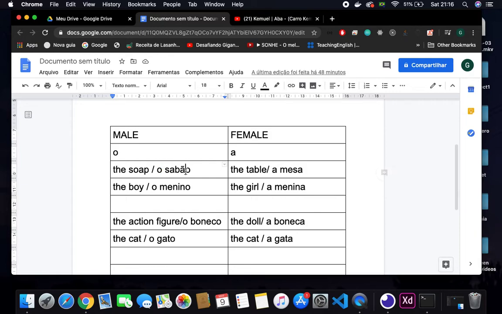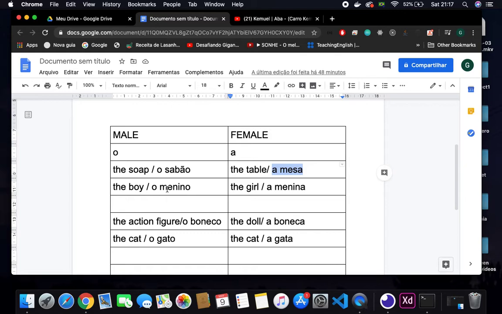Because it ends in O, therefore it's male. Okay. The table. The "a". Why "a"? Because mesa ends with a, and therefore it's female. Okay. The soap, o sabão. The table, a mesa.